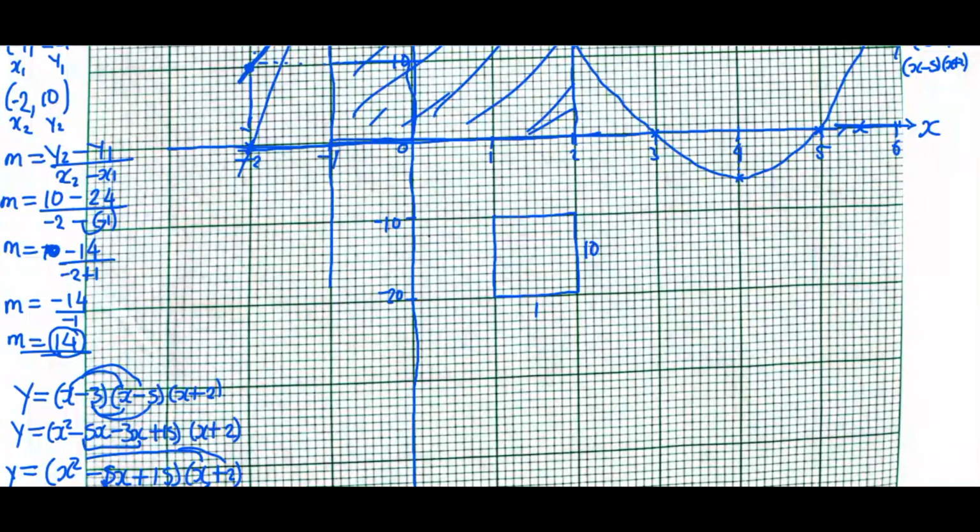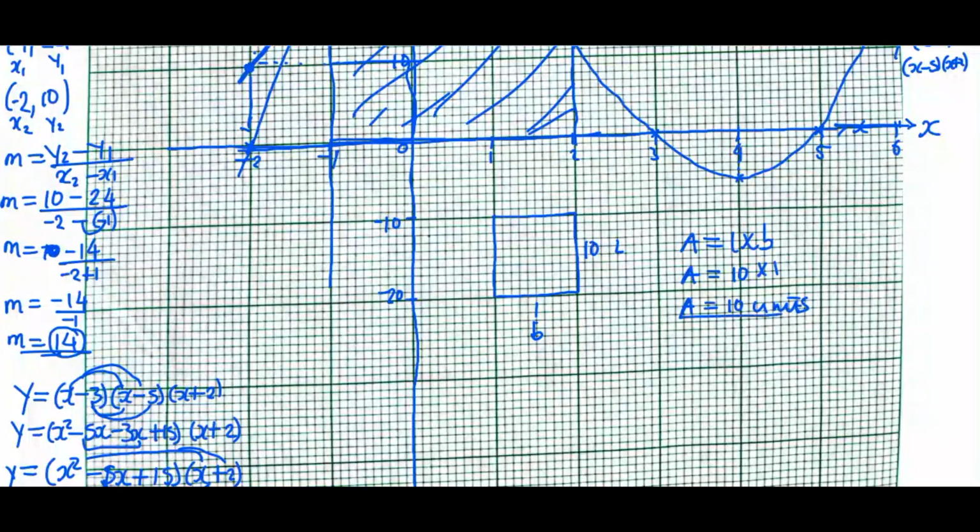So even if this is a square, and the square is considered to have 4 same length, here we'll consider this one, the longest one, as our L, the shortest as our breadth. So we'll just consider this shape as a rectangle. So area of a rectangle is equal to L times B. So what's our L? 10 times 1. So area is equal to 10 times 1 will give us 10 units.